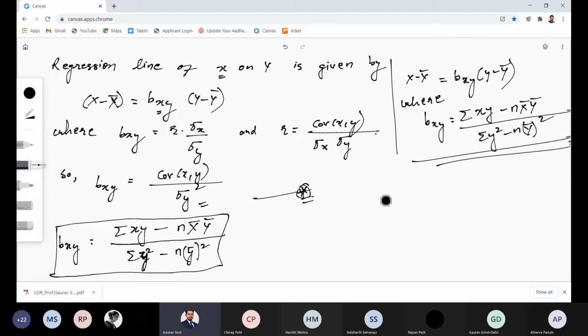So bxy is called the regression coefficient of x on y. Fine. So that is all the theory part about the regression lines. So now we can go for the examples.